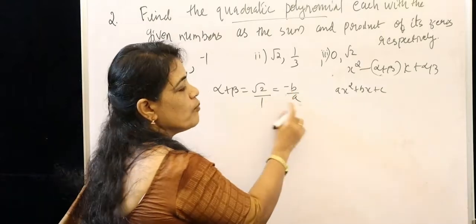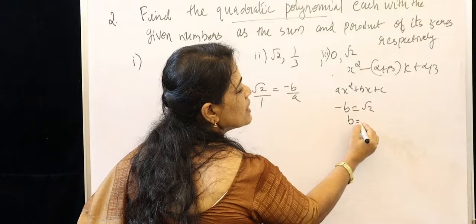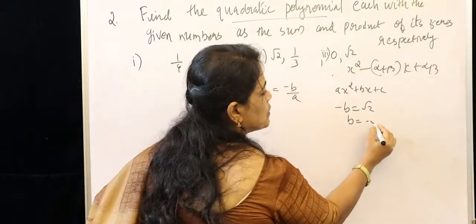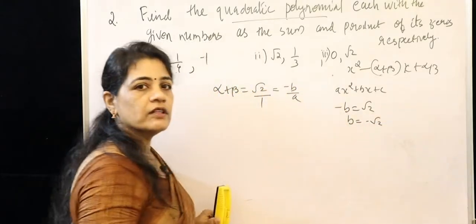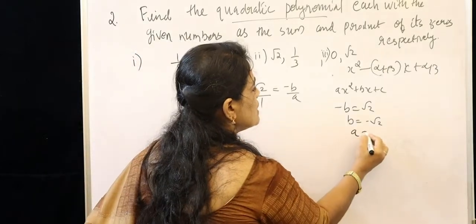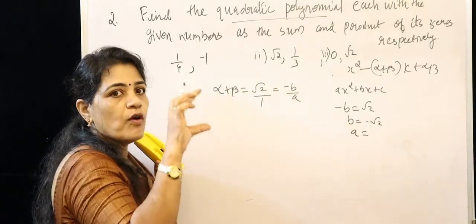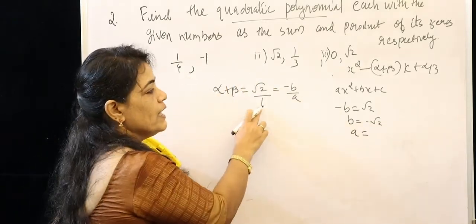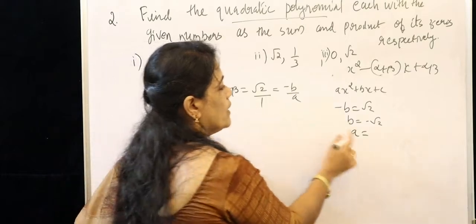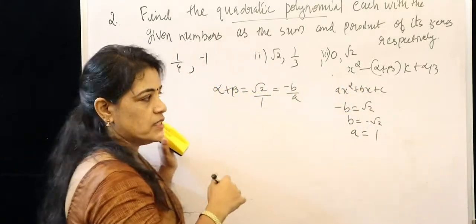So in place of minus b, root 2, this implies b is equal to minus root 2. We should express this in the form of a by b. So the denominator is a, that is 1.